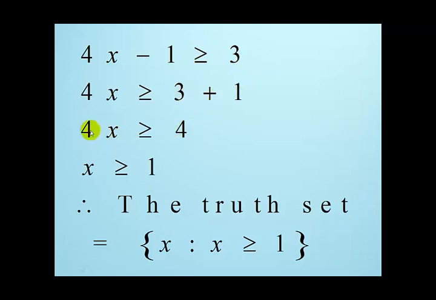Now if 4x is greater than or equal to 4, how do we solve for x? We divide the left hand side by 4, and that will give us x. And we divide the right hand side by 4, and 4 over 4 is equal to 1. So x is greater than or equal to 1. Therefore, the true set is x such that x is greater than or equal to 1.